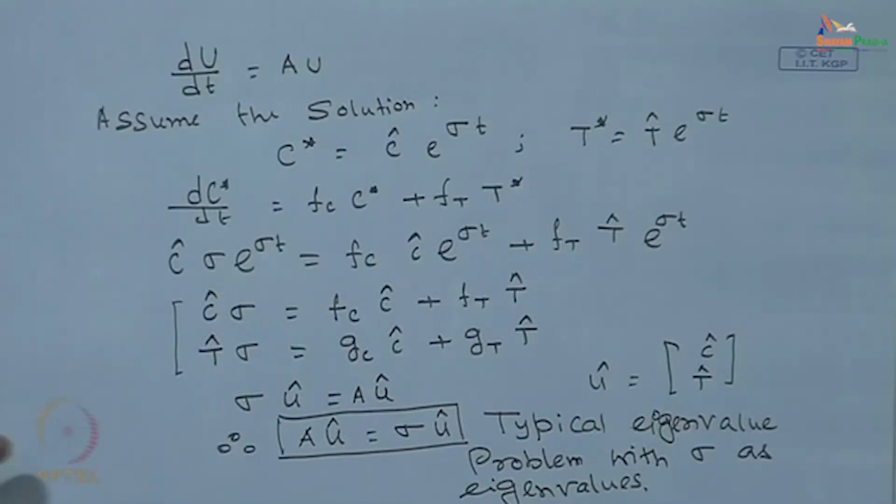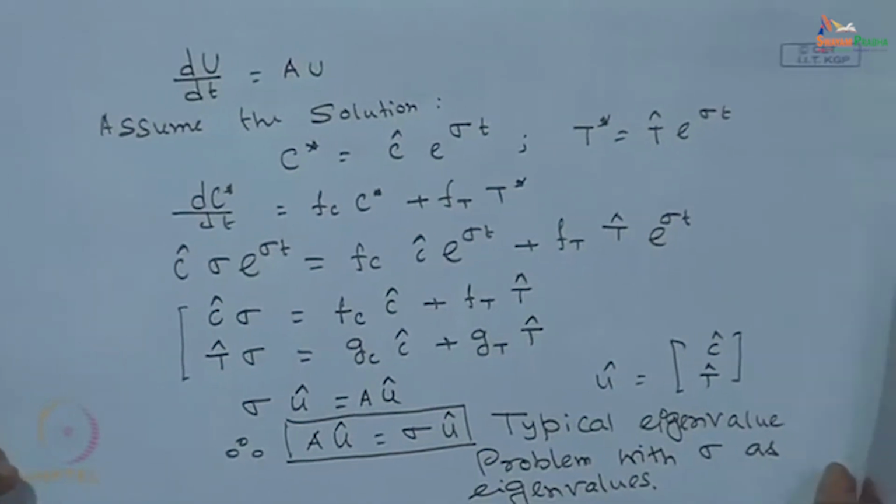Now, we will be looking into the values of the eigenvalues and their signs in order to establish the stability. So, how to obtain the eigenvalues?